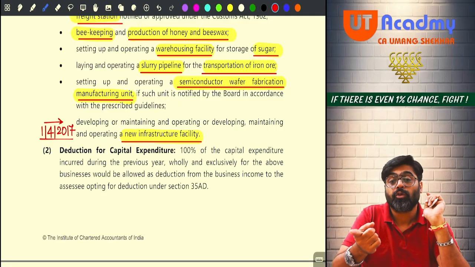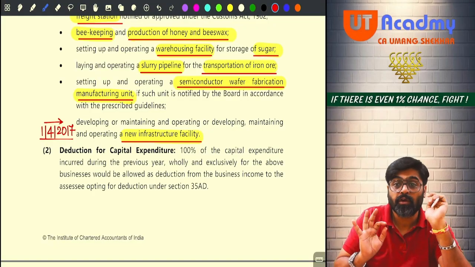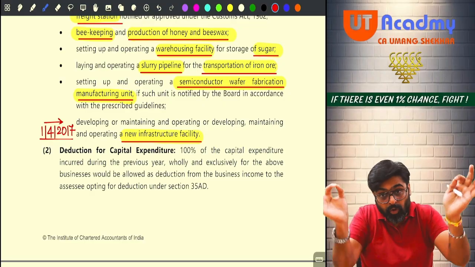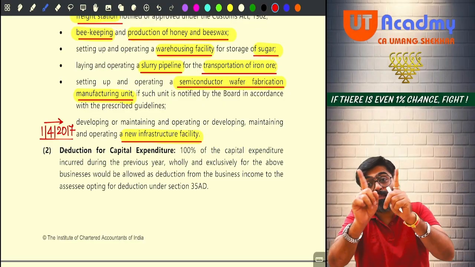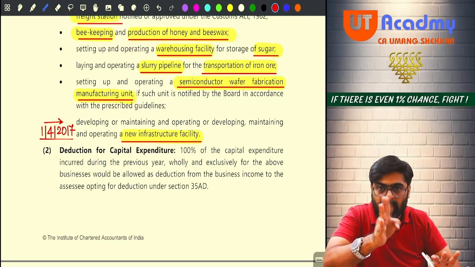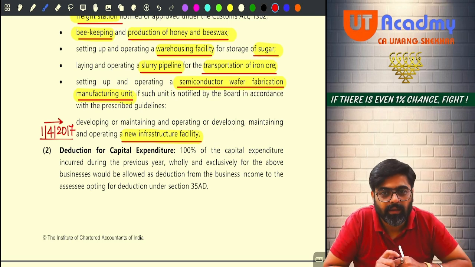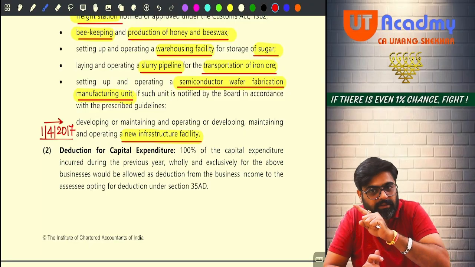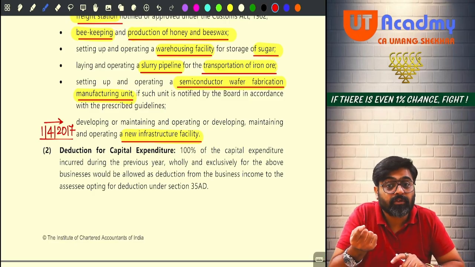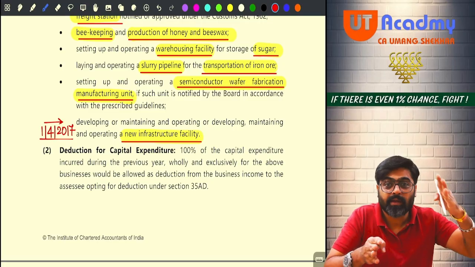As an assessee, you have to commence fresh, new operations, an entirely new business, and the operations should start for the first time on or after the dates specified against every business name.